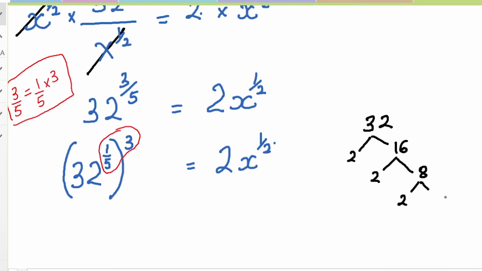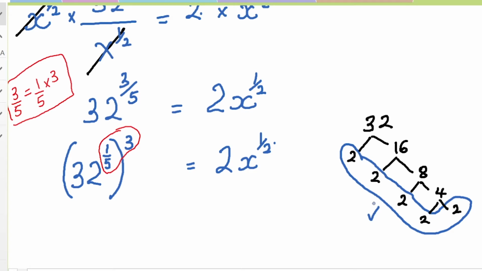By 2, I'll end up with 4. Divide that by 2, I'll end up with 2. Now, since we are finding a fifth root, I'm going to group these numbers in groups of 5. 1, 2, 3, 4, 5. When I group these numbers in groups of 5, I'll simply choose one number from the group. And so it means the fifth root of 32 is actually 2.